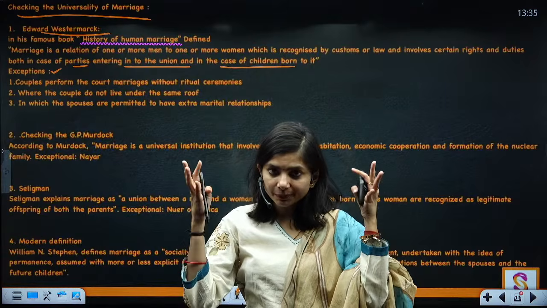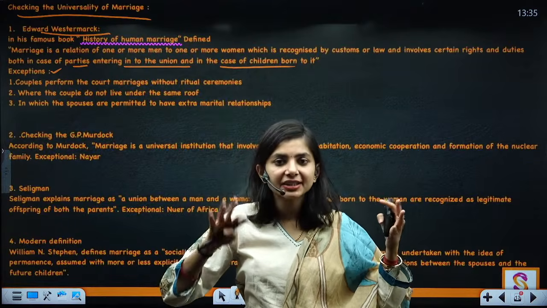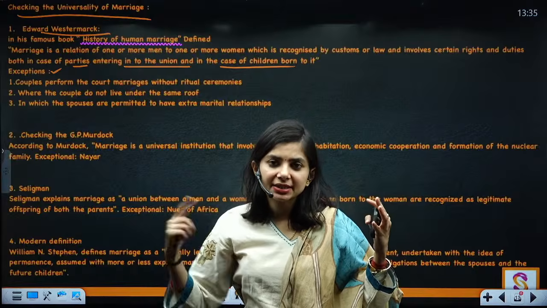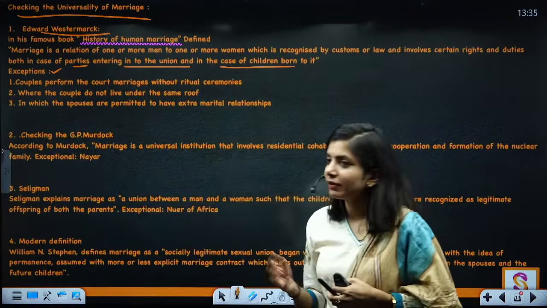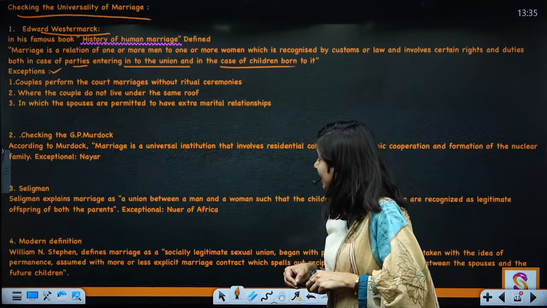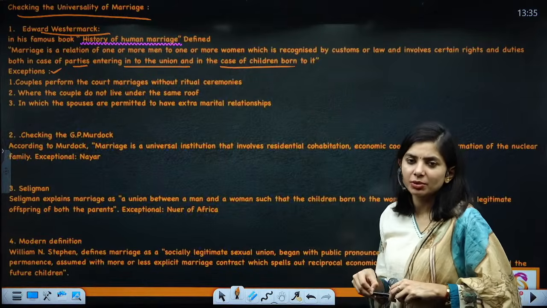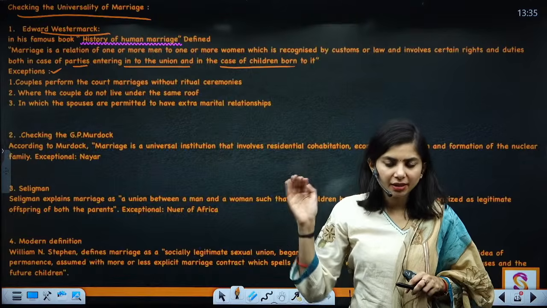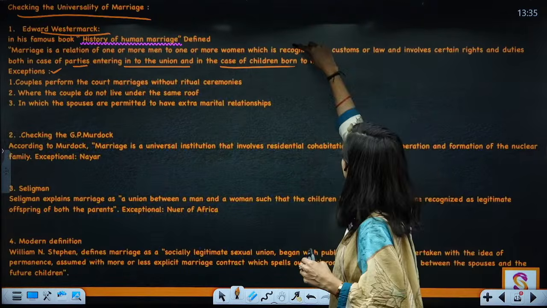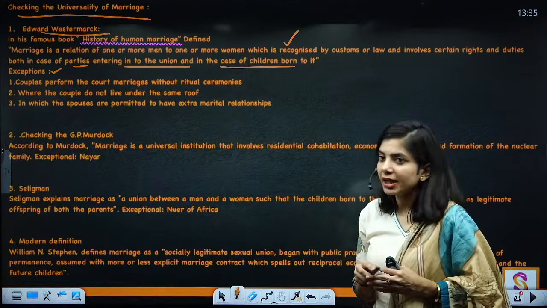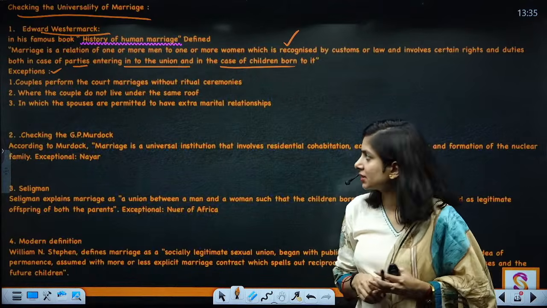They should do the sat feras, and only then can they consider each other as married persons. Whereas when people have court marriages without ritual ceremony, still we consider court marriage a marriage. It means that the definition given by Edward Westermark is not universal.